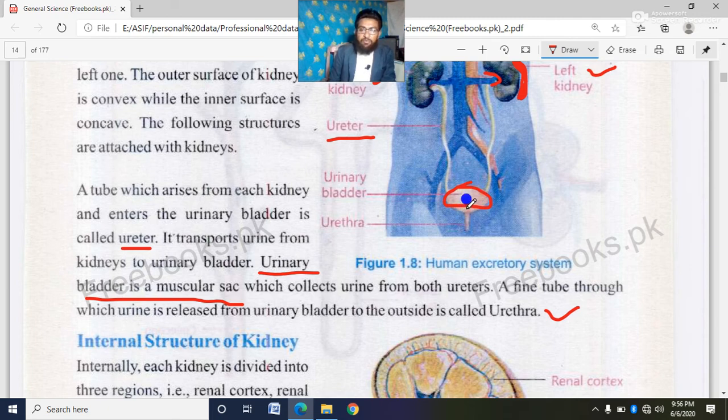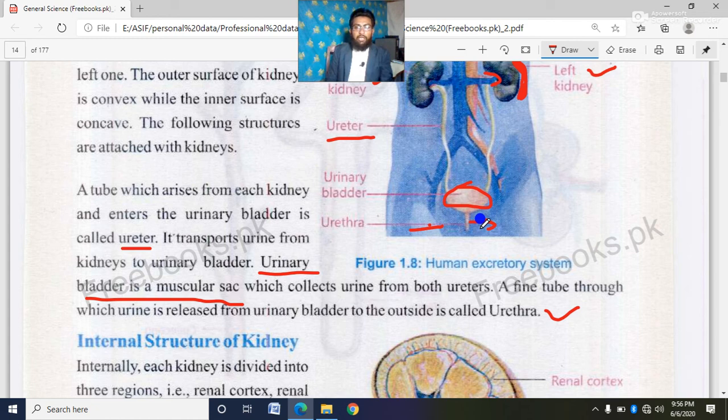Here we can see the urethra, a small tube which arises from the urinary bladder. Its function is to excrete urine from our body. This tubular structure excretes our urine from our body to the outside.